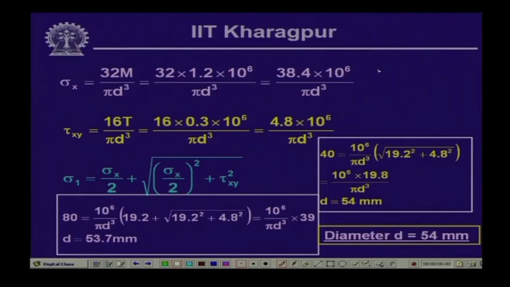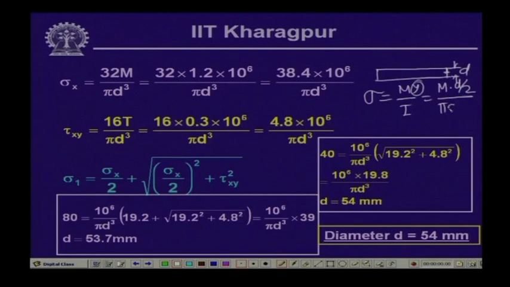Say for example, if we have the shaft of diameter d, then as we know sigma equals M y by I, and y here is the maximum distance from the neutral axis, which is d by 2. So, this equals M times d by 2, and I is pi d^4 by 64.